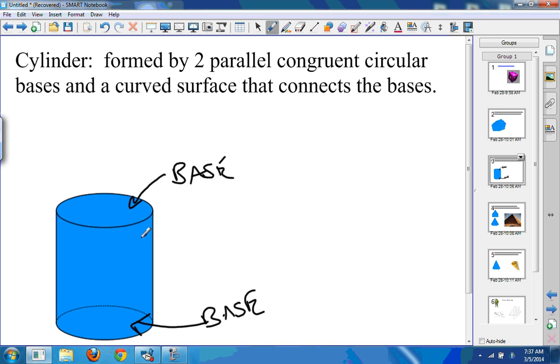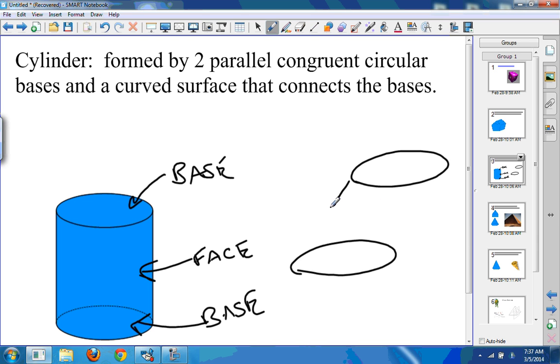It's the curved surface. So here would be the face. Now all these shapes, they don't have to be straight up and down. I could draw a cylinder that looks like this. That's still a cylinder, even though it's slanted. Same thing goes with the prisms.